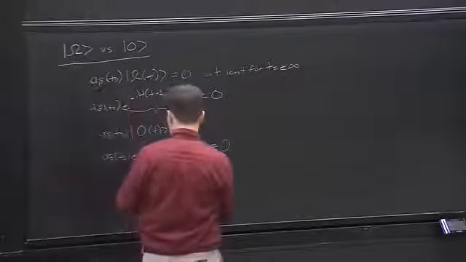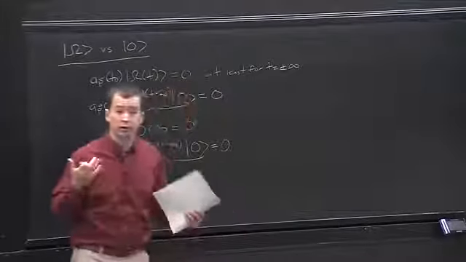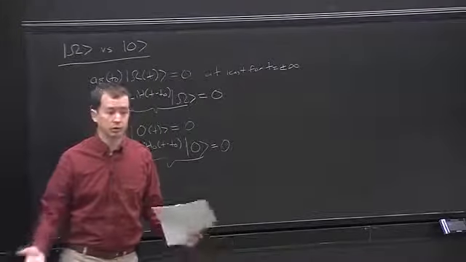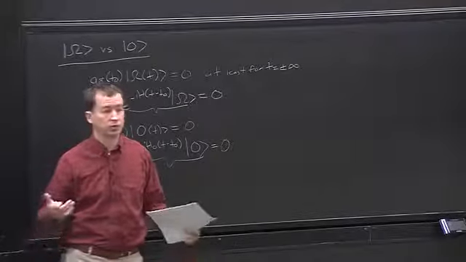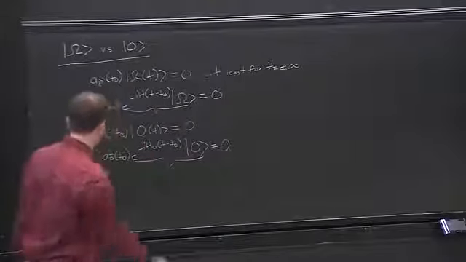So we should have, at least if we assume that the vacuum is unique. There could be multiple distinct vacuum states, but we're just going to assume that the vacuum is unique.